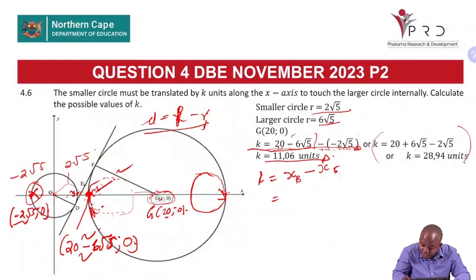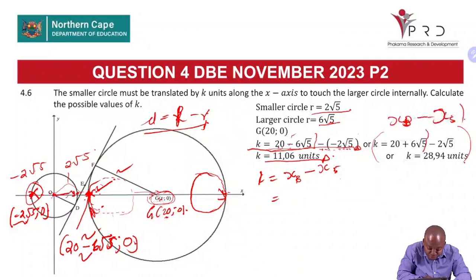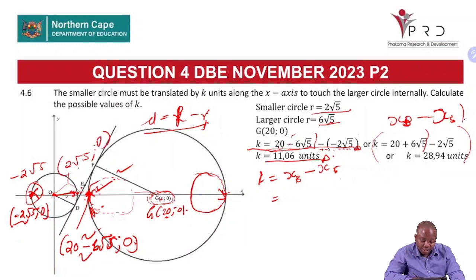Or the other one, when talking about the bigger one, the x value here was already 20. So we're going to say the x value of the big circle minus the x value of the small. The x coordinate of the small in this case, because it starts from 0, is 2 root 5, 0, because the y coordinate there is 0.